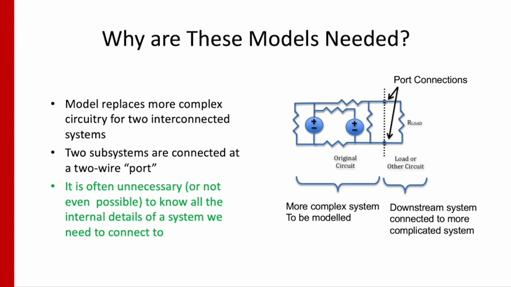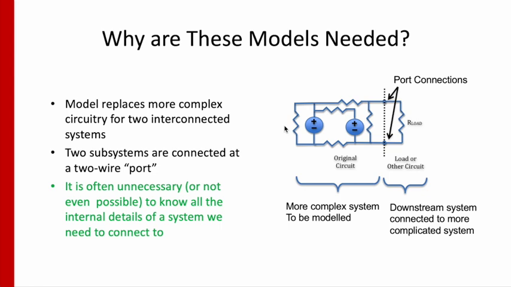Now, often it's not necessary or maybe not even possible to know all of the internal details of a system that we need to connect to. So, for example, if I want to get my home on the power grid, I don't need to know everything about PG&E and their distribution system. That's way more complicated than I need to know.